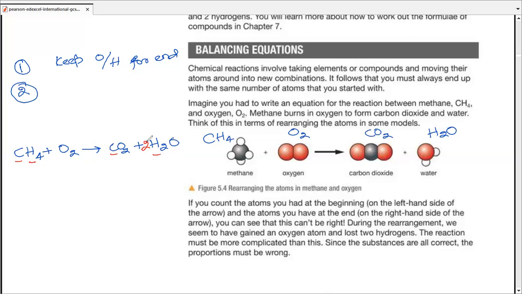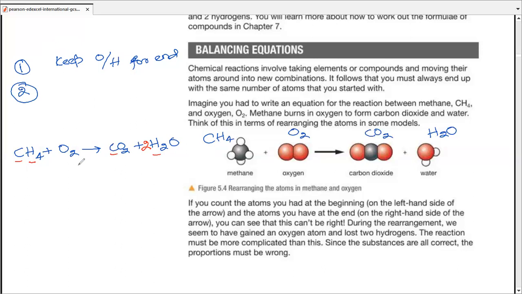Of course, I need to write two over here in order to make them four. As soon as I do that, I actually disturb the entire oxygen balance, which means sometimes you need to go through the list again. If I might have disturbed carbon, I would reinitiate with carbon again. So that's what makes balancing of equations a little tactical.